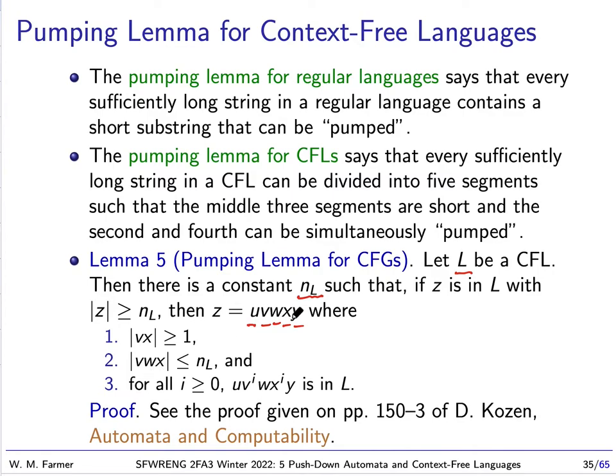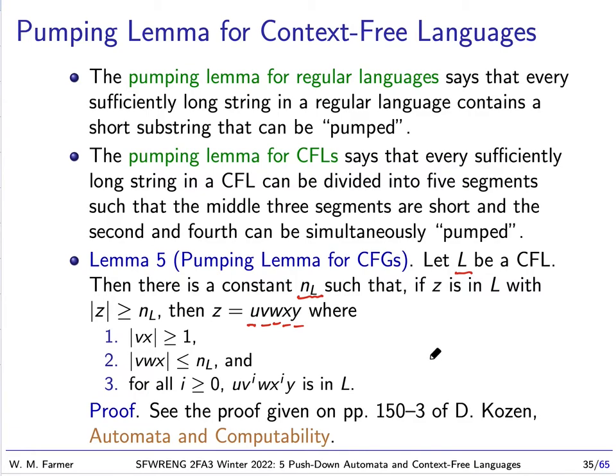And the length of VWX, the middle part, is short in the sense that it's less than or equal to this constant n sub L. And for all i greater than or equal to 0, I can look at this string where I repeat the V portion i times, I repeat the X portion i times, and the string I get is still in L. So this is what it means to pump this string: I can increase at the same time V and X, adding more copies of V and X, and I will stay in this language.